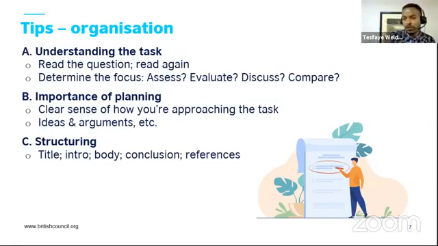So this is how we normally structure argumentative writing. The bad, and then the good. The good follows the bad. The advantage follows the disadvantage. So this is how we normally structure argumentative writing, for example.